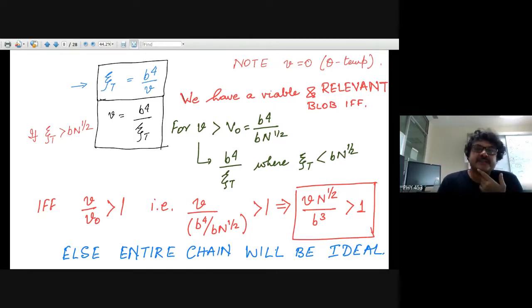So the point is that, see, if v equals 0 again, the chain will always behave ideal, over all length scales. But we have a viable and relevant blob length scale if v is greater than v0, right?